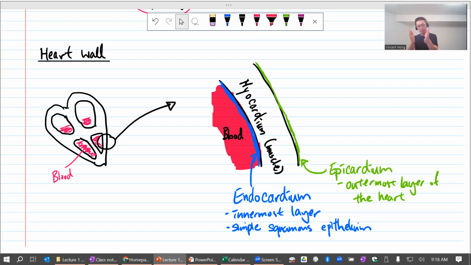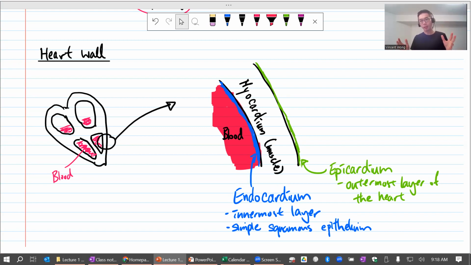Are we okay so far with this diagram? Because I'm about to add something that might confuse you, but I want to triple check that you guys are good with this. All right.